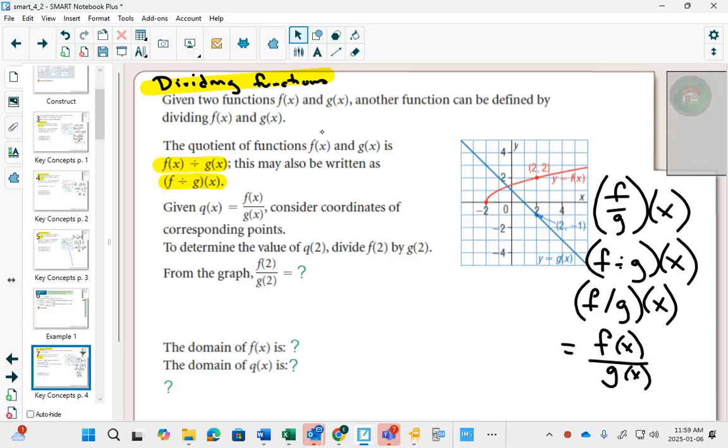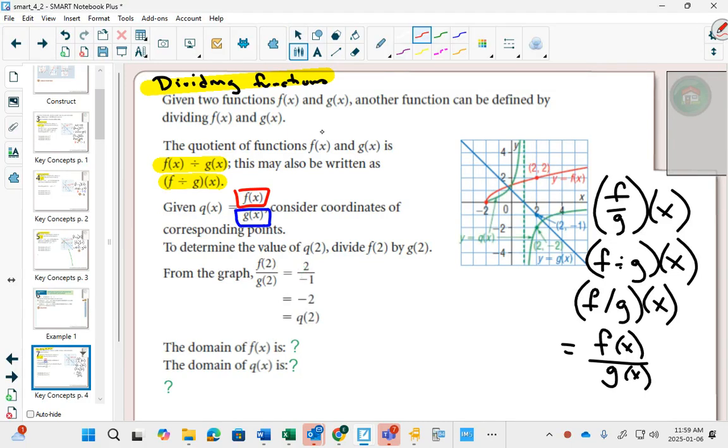Now, you have to be very aware which one is on the bottom and which one is on the top. So first thing I would do is where the blue graph is equal to 0, you're either going to get a hole or a vertical asymptote.